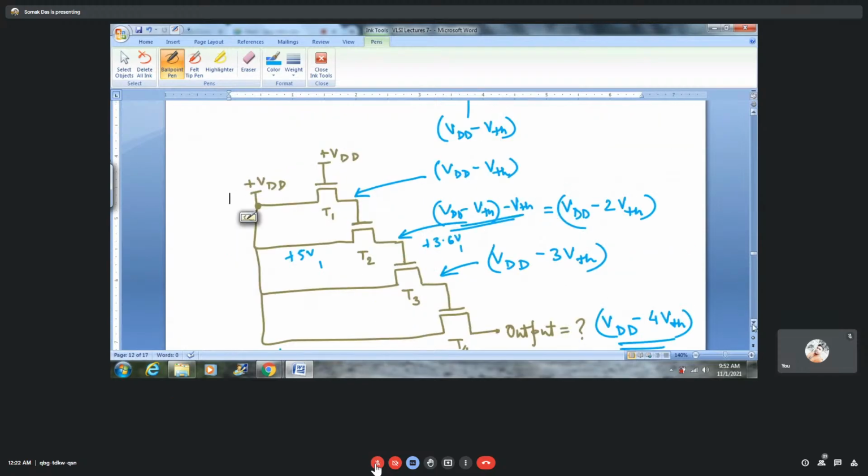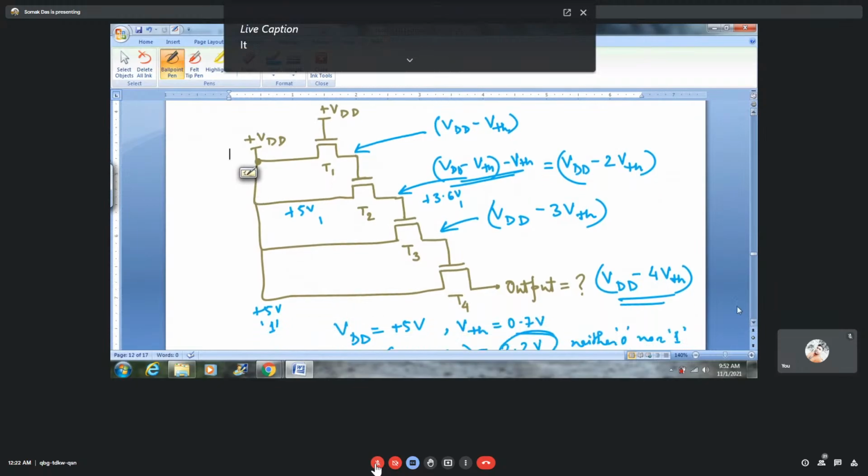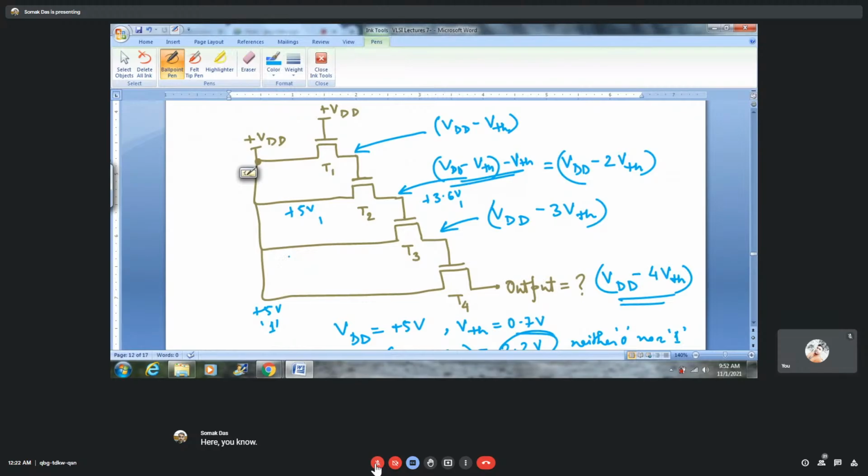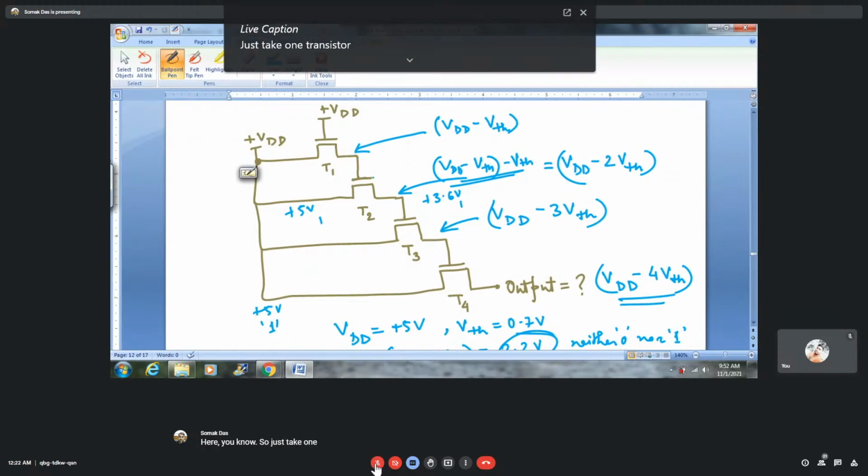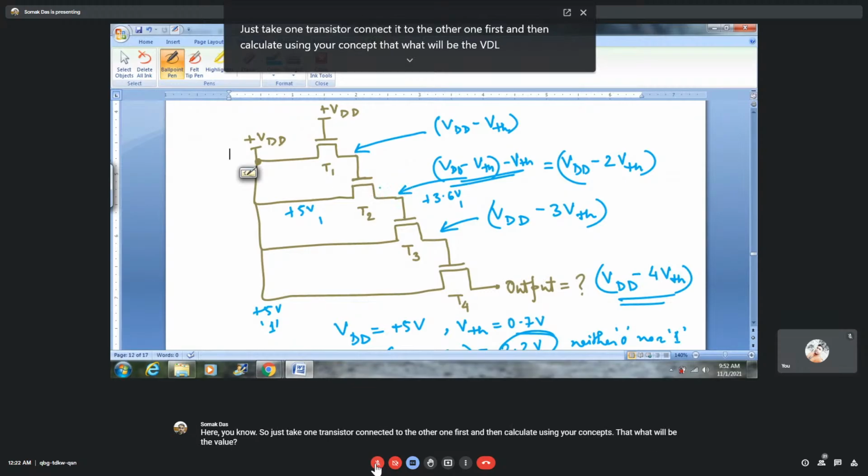So this circuit is the most critical one. Just take one transistor, connect it to the other one first, and then calculate using your concept what will be the VD value. Step by step calculation can give you the correct result.